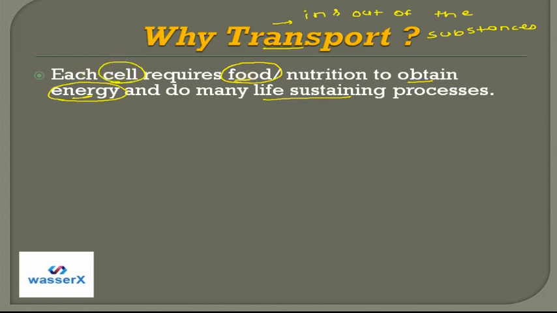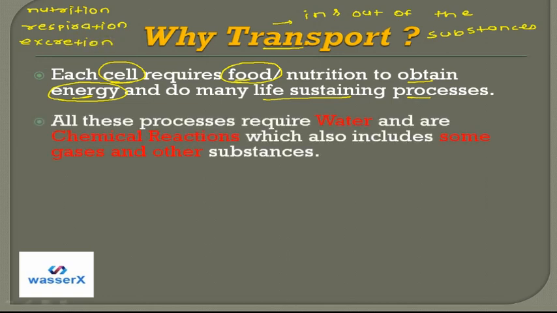So each of my cells will perform many different life sustaining processes that are nutrition, it can be respiration and excretion. So all these processes, that is nutrition, respiration and excretion, they require water.